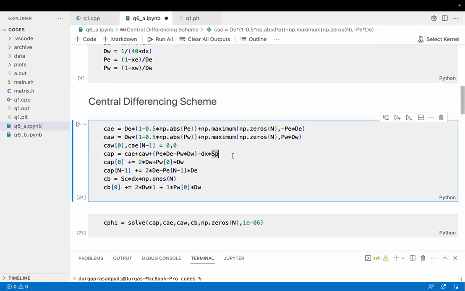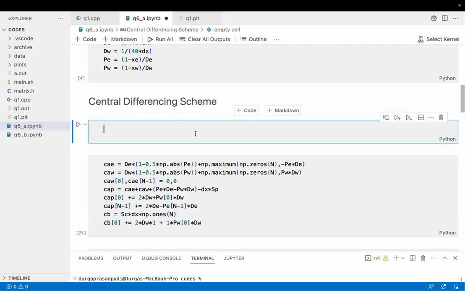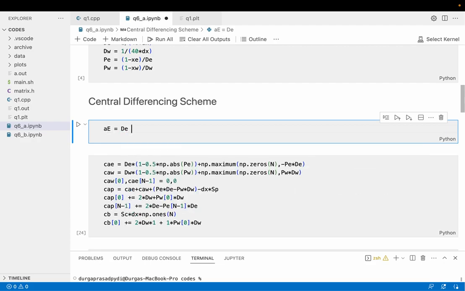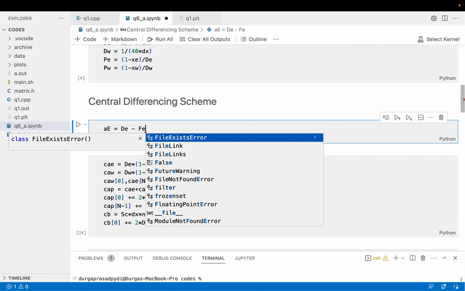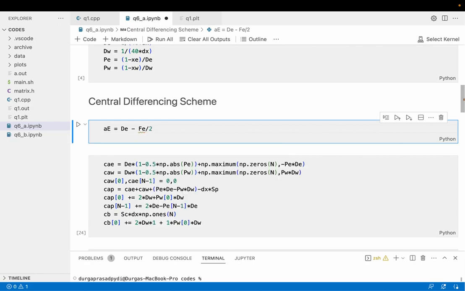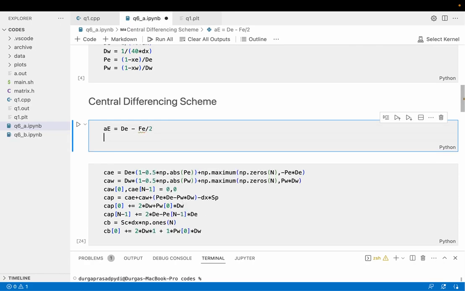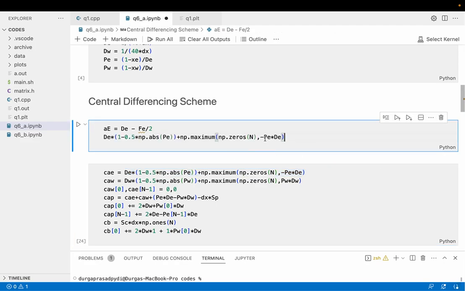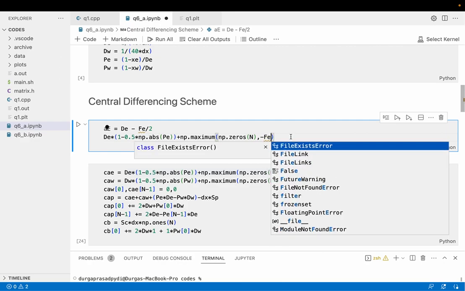So first I started using the central differencing scheme. For central difference, we can write A east as D east minus FE by 2. Instead of directly writing it like that, I have used a slightly changed way. So if you consider this expression, minus PE times DE is essentially your flux F east.